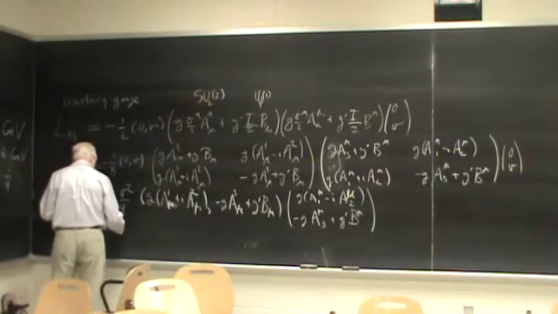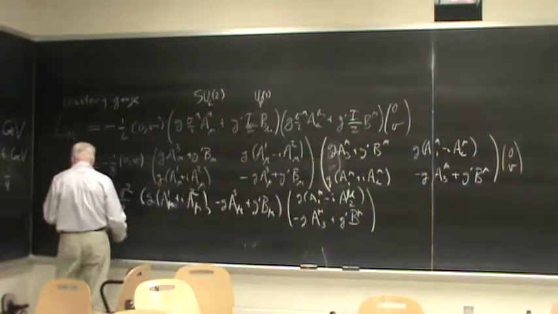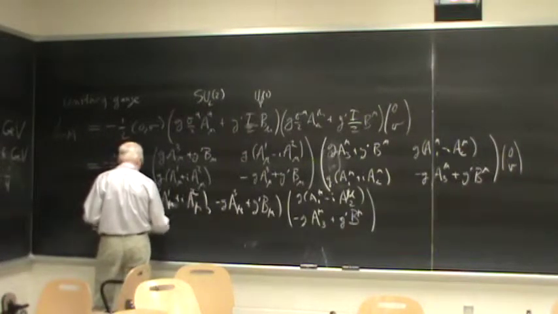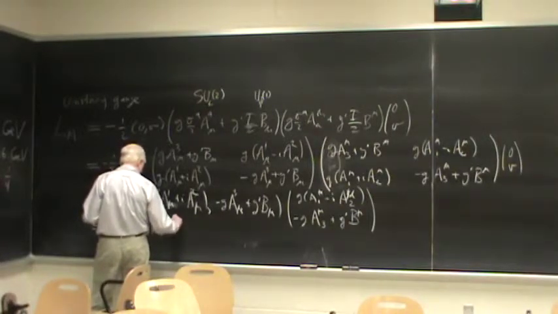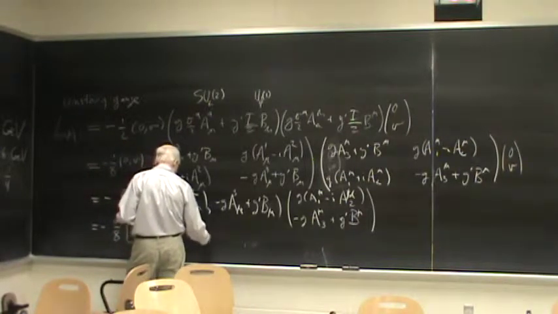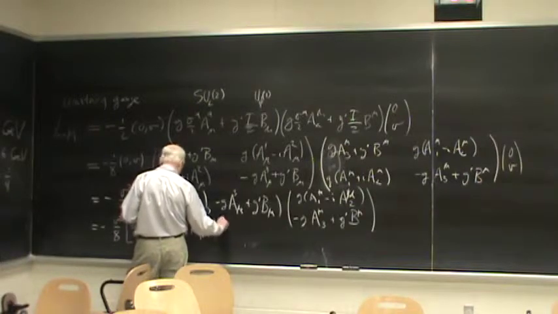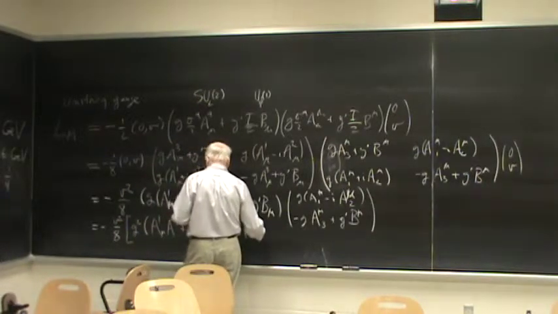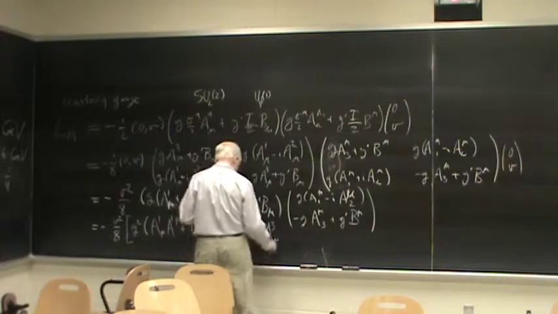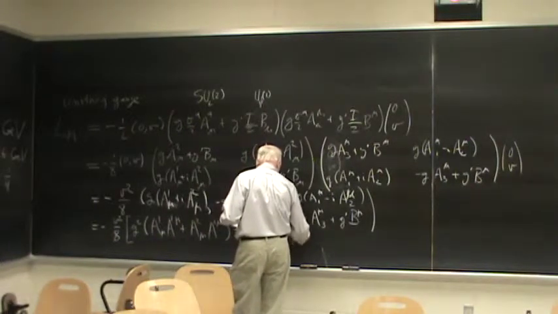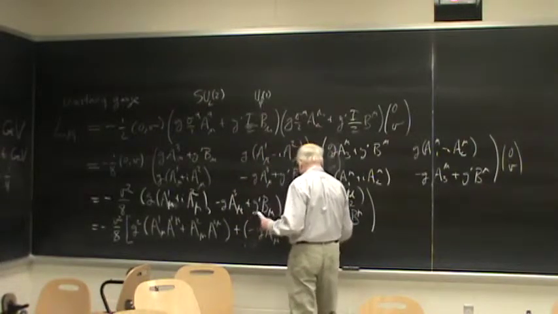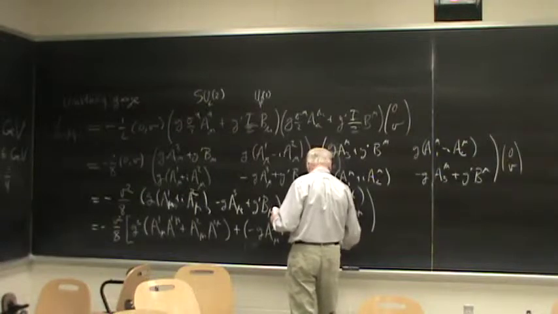Namely, what we have here is minus v squared over 8 times g squared A1 mu A1 mu plus A2 mu A2 mu, plus minus g A3 mu plus g prime B mu, and then the square, the same thing, but just with the index raised.